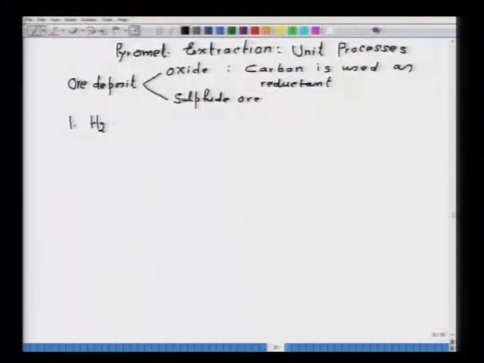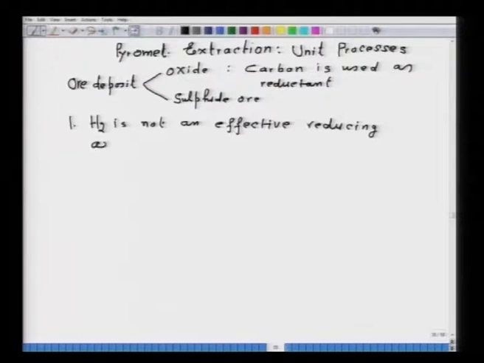Now, as regards sulfide ore, there are certain issues. There are problems that it is very difficult to reduce sulfide directly into the metal. First, hydrogen is not an effective reducing agent to produce metal from sulfide.